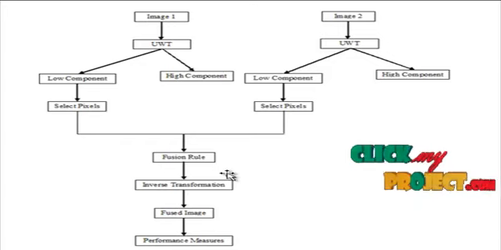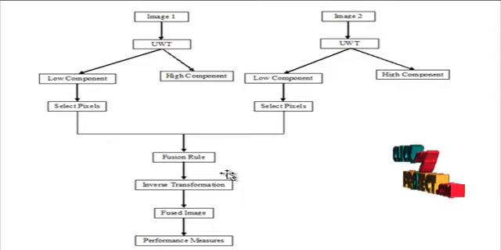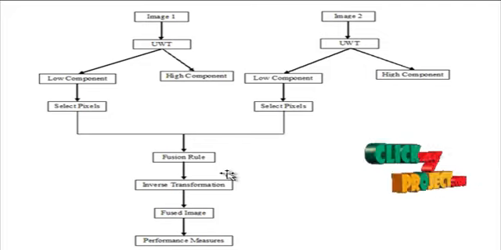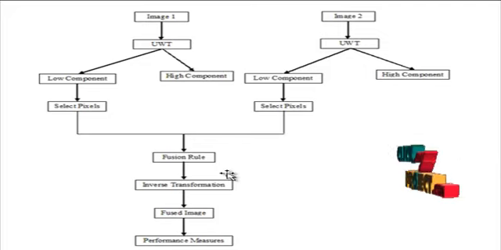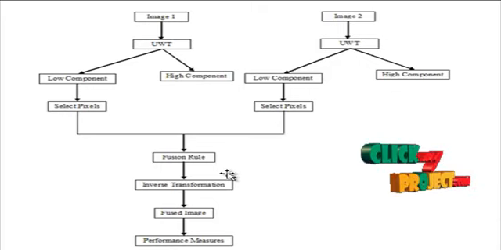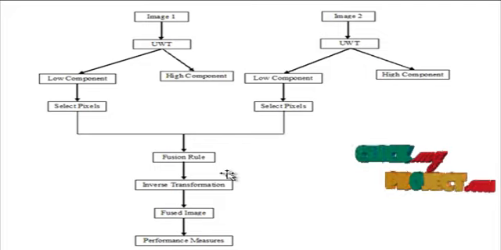In the fusion rules, the images are divided into small windows, and the fusion rules are applied to each one separately. After that, the pixels are grouped again to form the complete image.